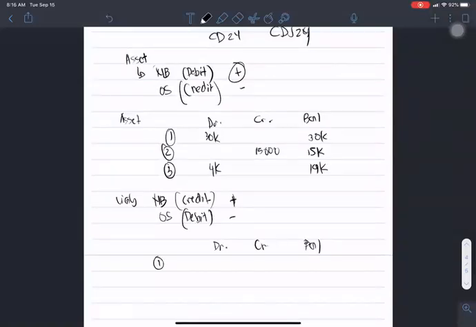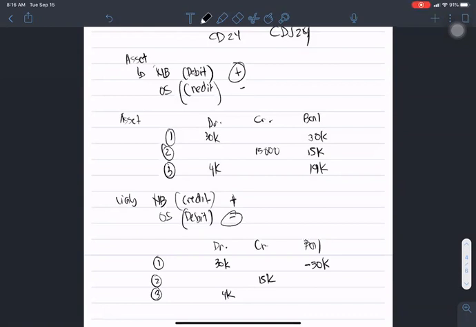So 1, we have 30, 15,000, and then 4,000. Okay, so since this is a liability, we have here a debit of 30,000. Debit represents negative. So our balance is negative 30,000.